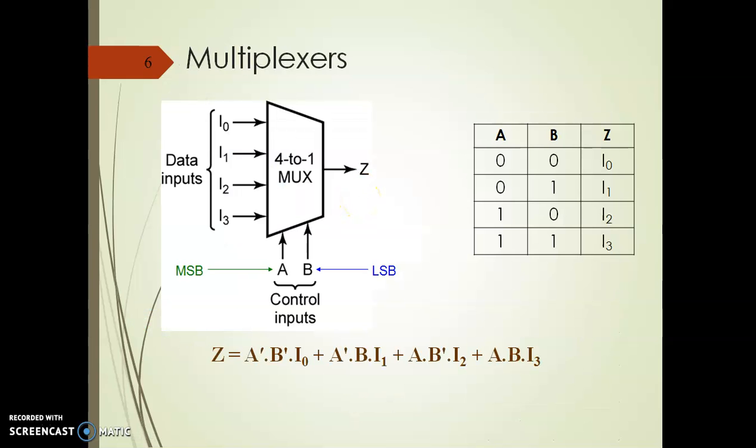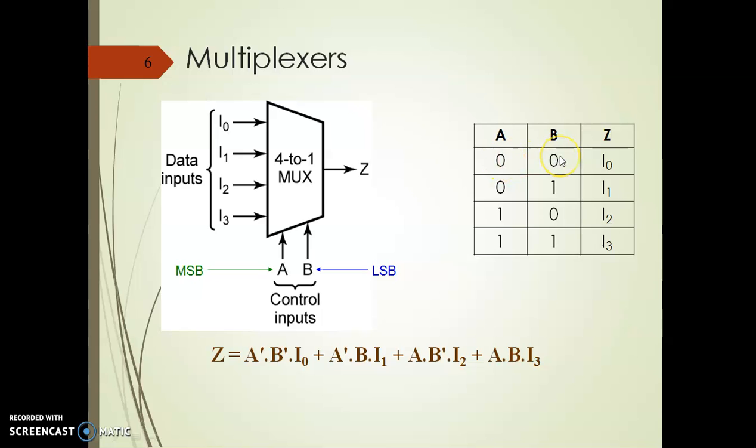Another example is a 4 to 1 mux. Same concept, same function will work, only the inputs are increased because of the 2 control inputs. So 2 raised to 2 is equal to 4. That's why there are 4 input lines here, and on the basis of the combination of the control lines. Suppose A and B are the names of the control lines.